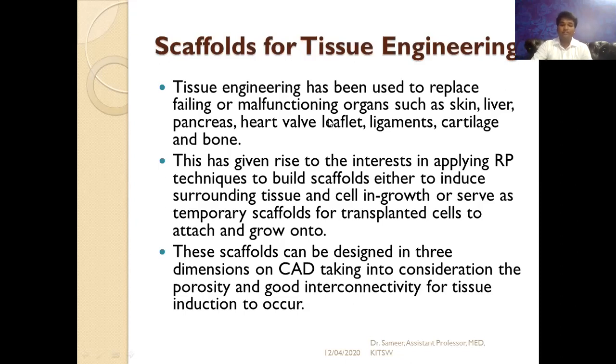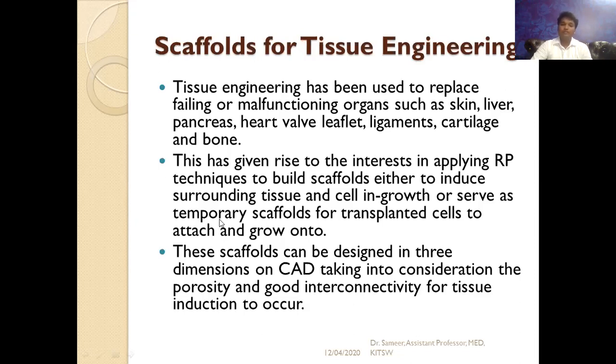So these scaffolds can be designed in 3 dimensions on CAD, taking into consideration the porosity and good interconnectivity for tissue induction to occur. During the time these tissues grow, the malfunctioning would disappear when the tissue completely grows.